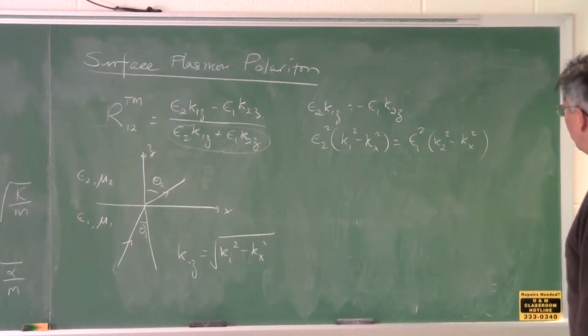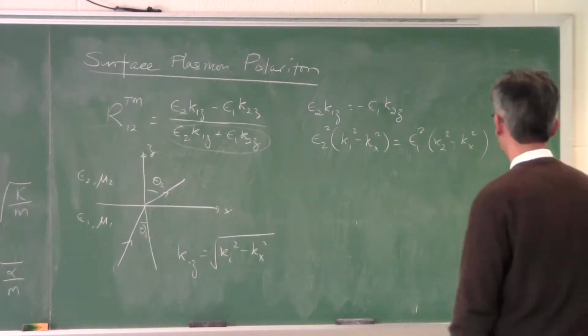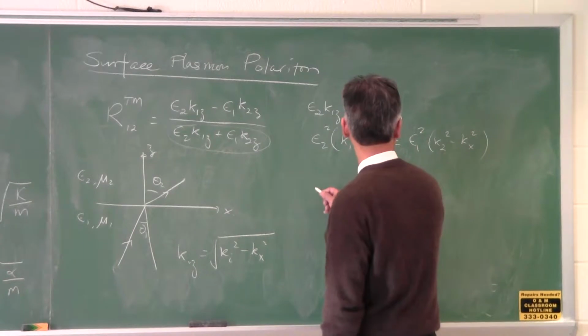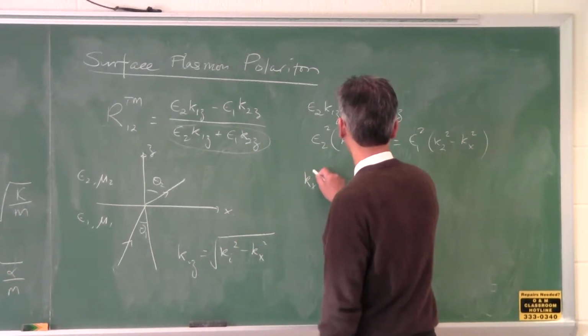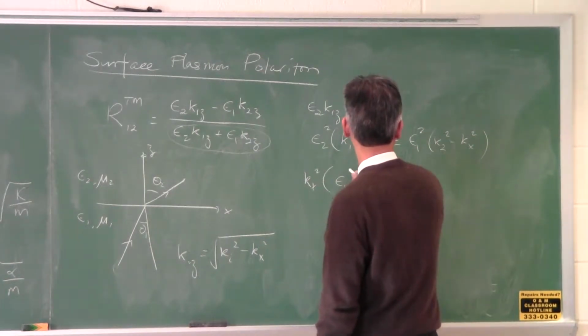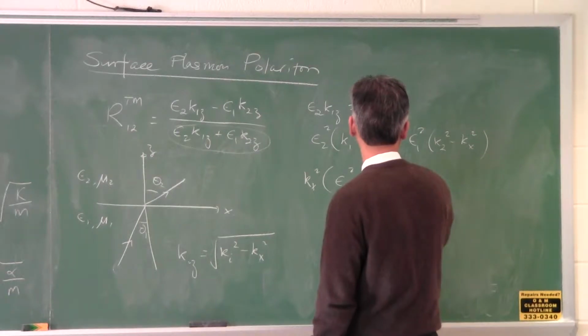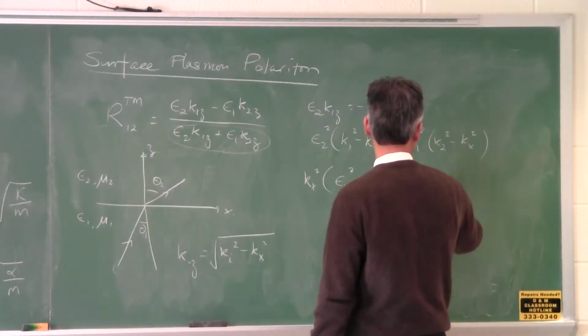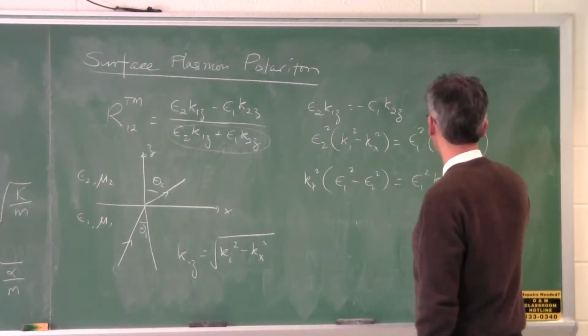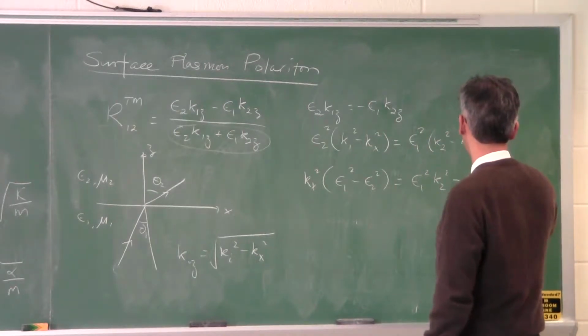And then I can solve for my Kx quite easily. I will have Kx squared times (epsilon 1 squared minus epsilon 2 squared) equal to epsilon 1 squared K2 squared minus epsilon 2 squared K1 squared.